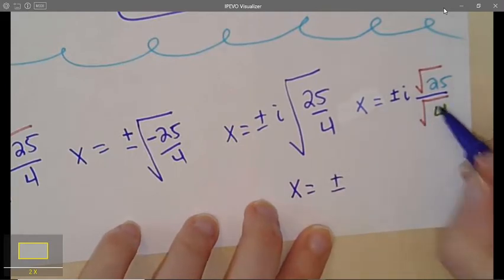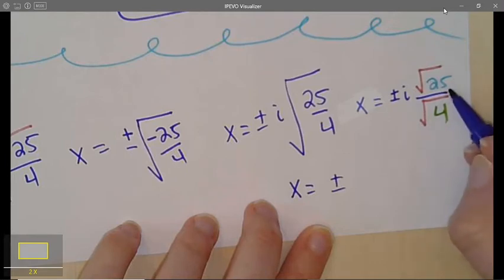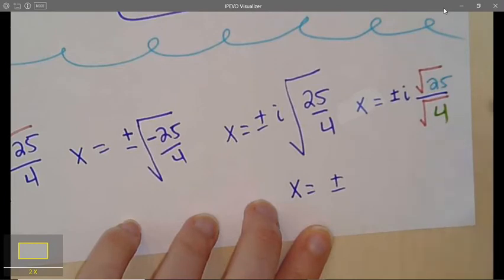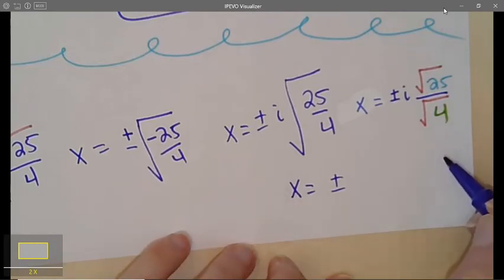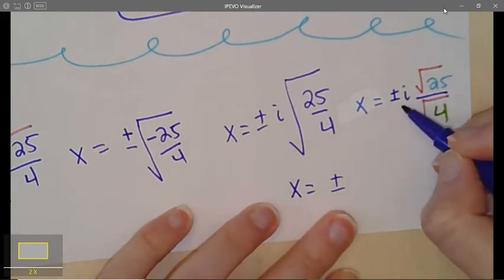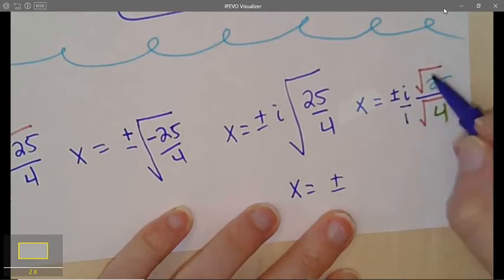Okay, so the square root of 25 is 5, and the square root of 4 is 2. Now, there's two ways you can write this answer. i is secretly over a 1, right? So when you multiply two fractions, you go straight across.